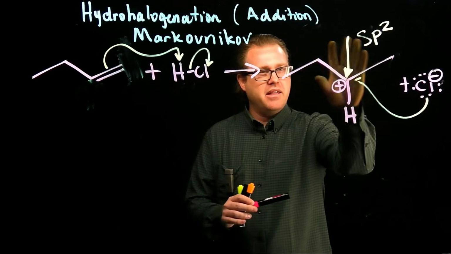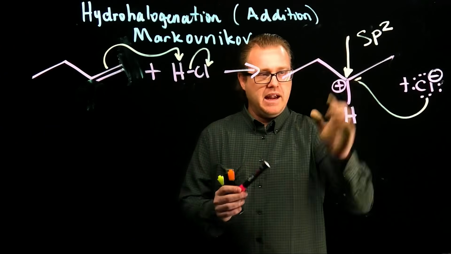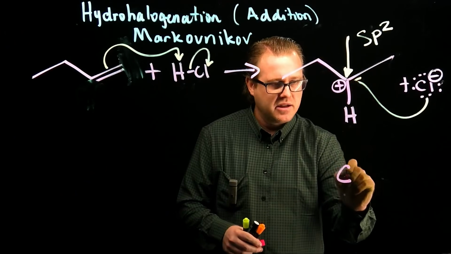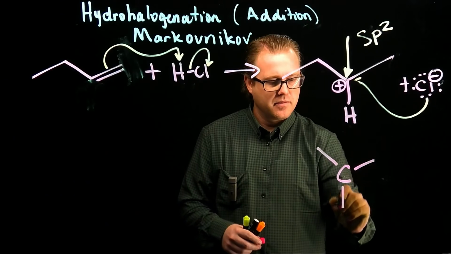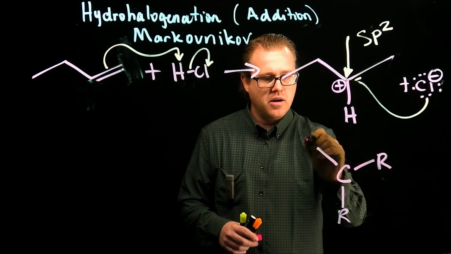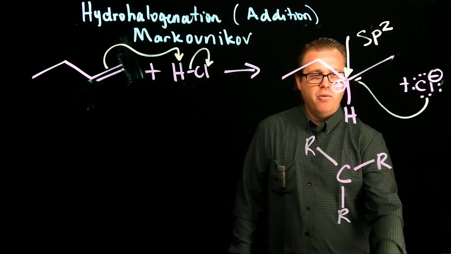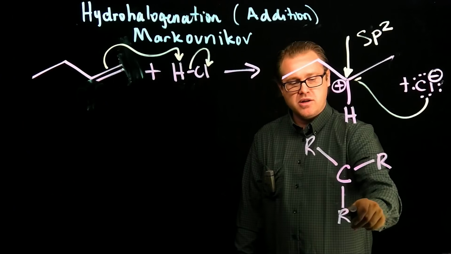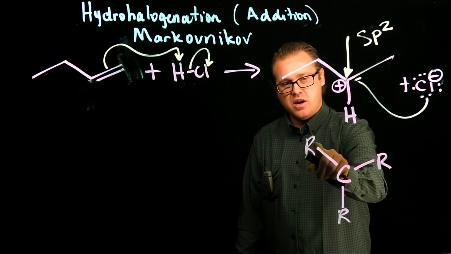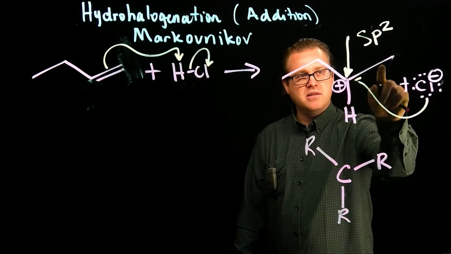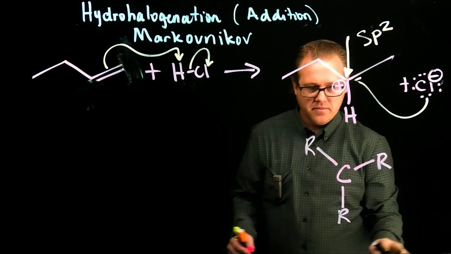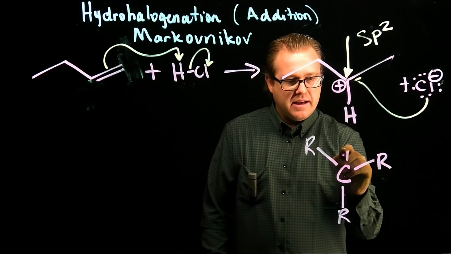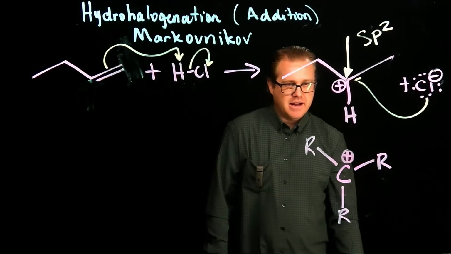So I'm going to take what we're looking at and just translate it to look like this. R, R, R. And we understand that each of these R's are different groups. This R is the ethyl, this R is the methyl, and this R right here is a hydrogen. Okay? And we know that that is sp2 hybridized.